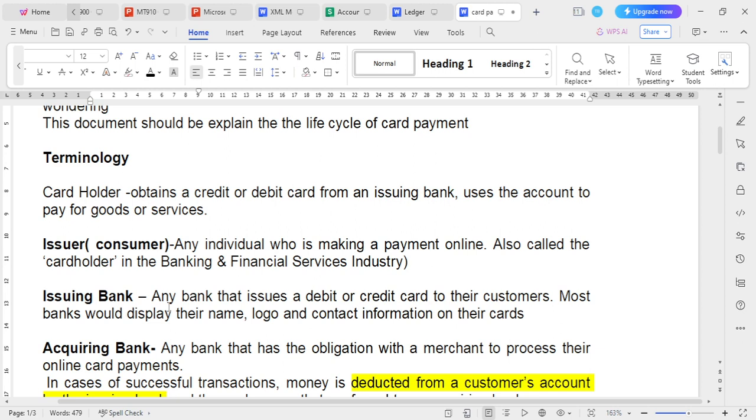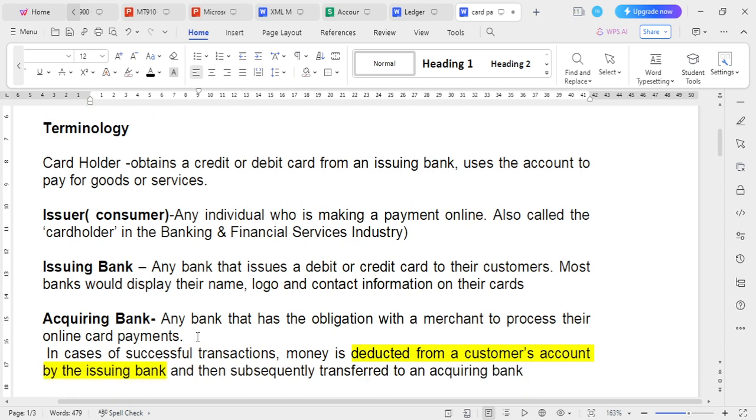Acquiring bank: who processes the payment? Suppose you swipe the card in a POS machine or website, that payment processor sends the details to the acquiring bank. Technical example: you swipe the card in a POS machine, and that POS machine belongs to bank A. That bank A we call the acquiring bank.